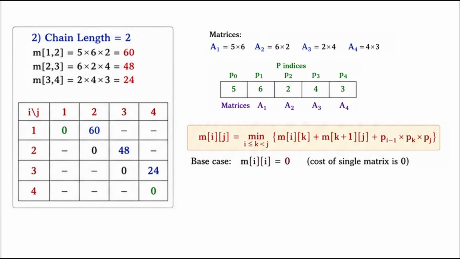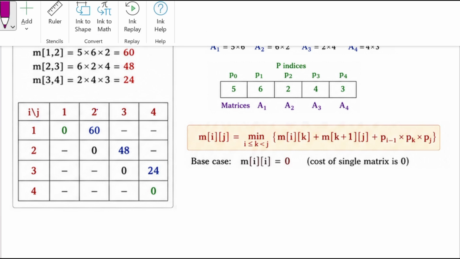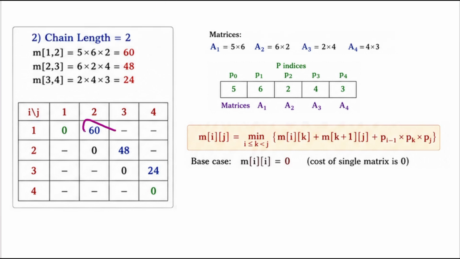Then this is the second step. In this step, we need to fill this value. We fill step by step in a diagonal manner. Here the chain length is 2, right? Chain length 2 means we need to calculate the multiplication of two matrices.